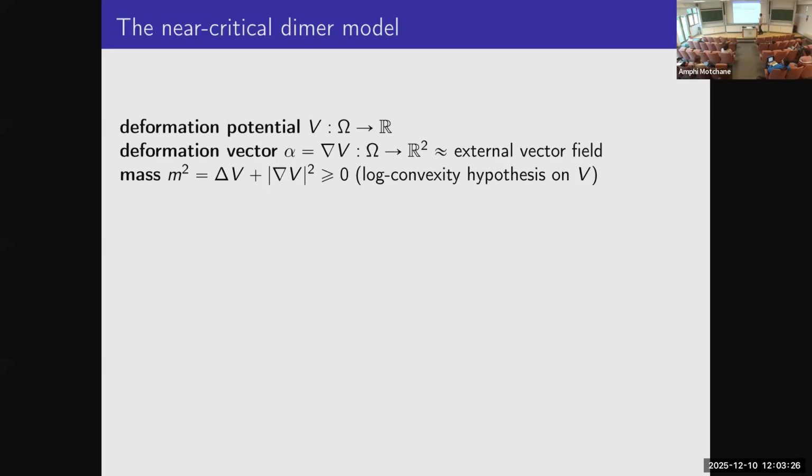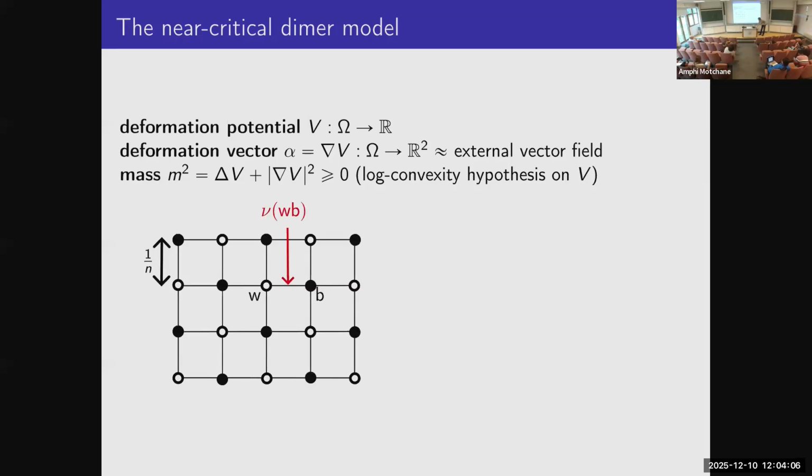So I must start with a deformation potential V. So I have some real valued function V on the domain. Its gradient alpha, I call it the deformation vector. And there is an associated mass, which is this thing. We must make a hypothesis on the potential, which is that the mass here is positive. This might not be very important for you at the moment.